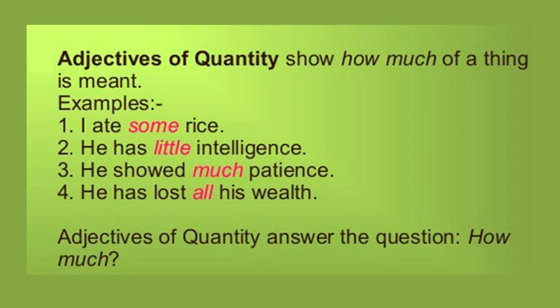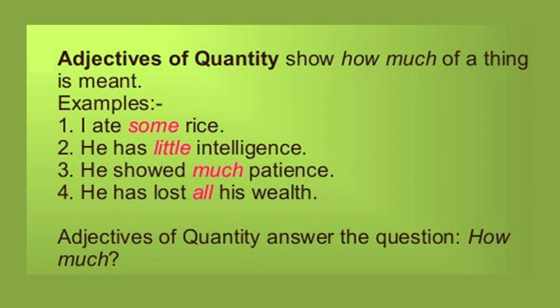So how much intelligence? Little. The word intelligence is an abstract noun and the word little is an adjective of quantity because it tells you about your noun, intelligence. Dear children, always remember when there is any adjective, there has to be some noun in your sentence.